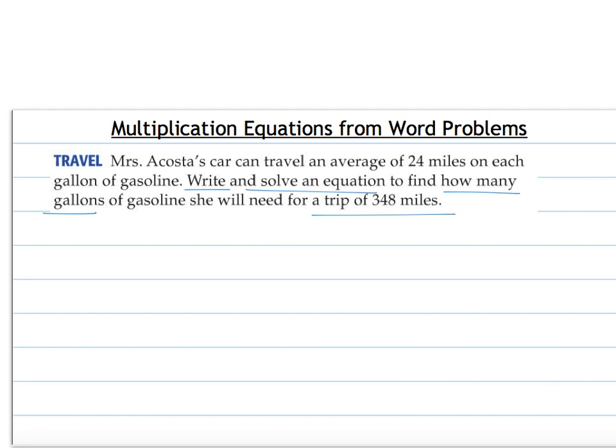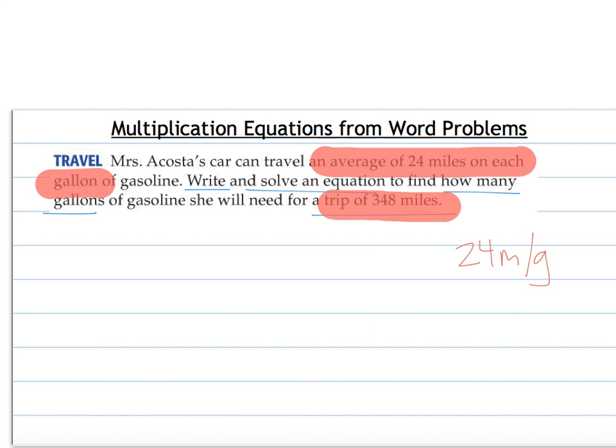So I see that she is traveling an average of 24 miles on each gallon. So that may look like 24 miles for every gallon. And also that she's planning to travel for this many miles. And what we're wondering is how many gallons.